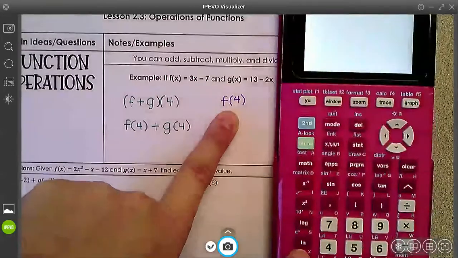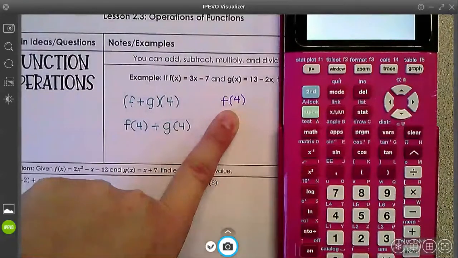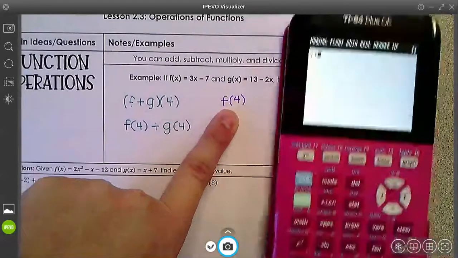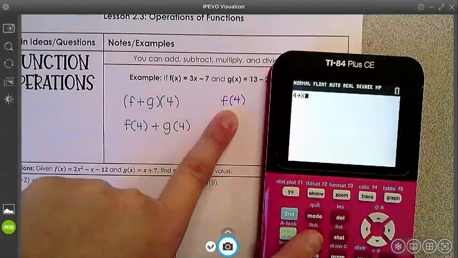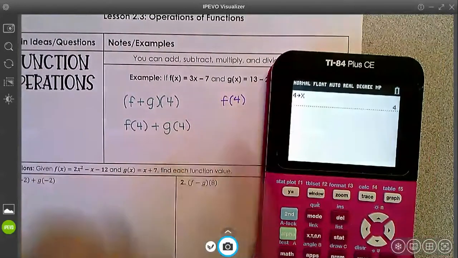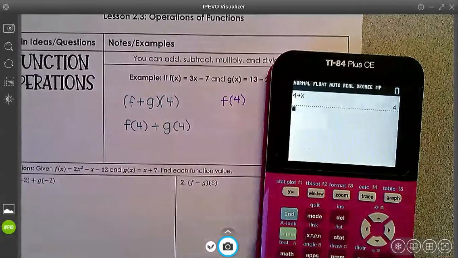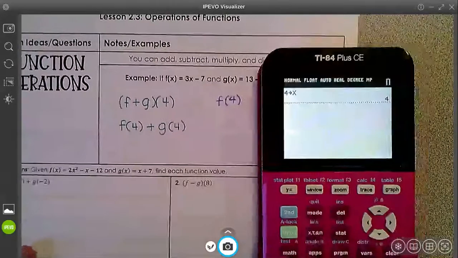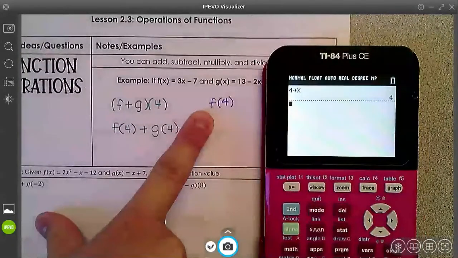That's this one right here above on. And then you type in x, and you hit enter. And what we did was we told our calculator, whenever I type in x, I want you to assume that it's 4. That's what the calculator is going to do. And so it's f of 4.